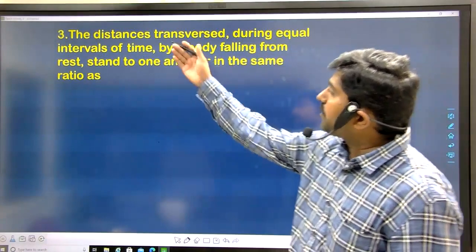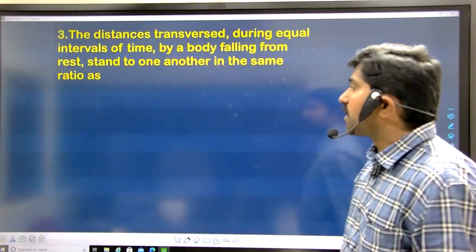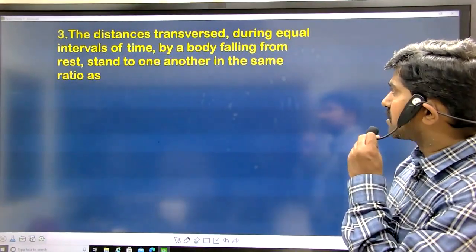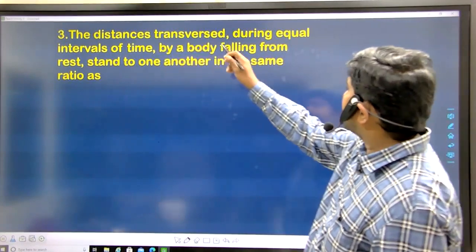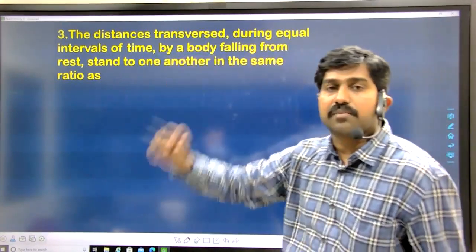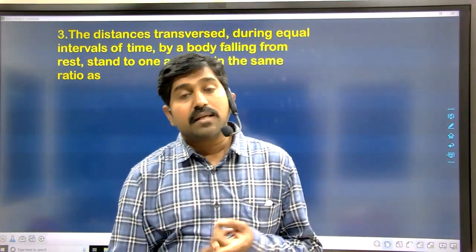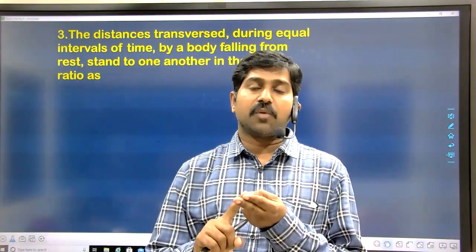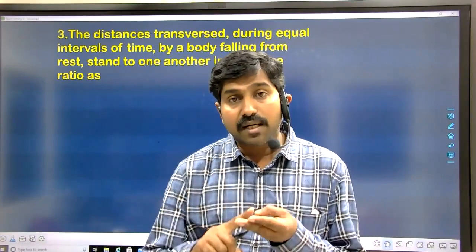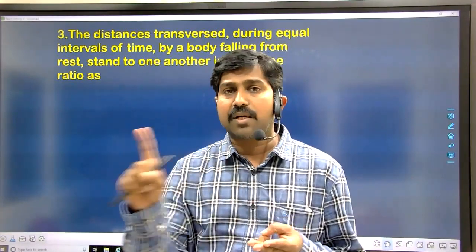When a particle is dropped from a certain height, the question is about the distances traveled during equal time intervals. That means in the first second, how much it travels, in the second second, how much distance it travels, in the third second, and in each case I am taking 1 second only.